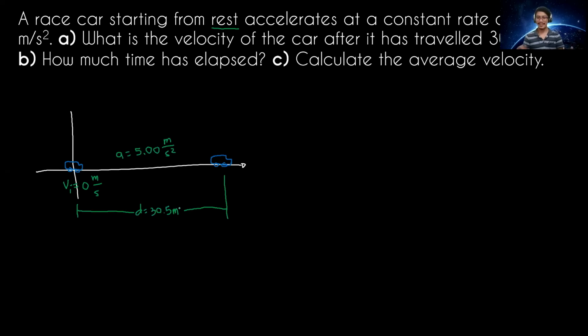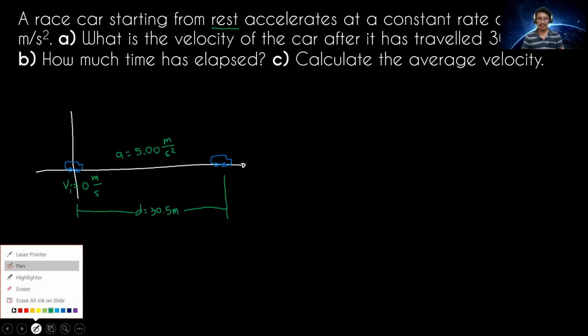Got it? So there is a displacement. So that means we now have an idea of the problem. You have an initial velocity of 0, it accelerates at 5 meters per second squared, and then it has traveled for 30.5 meters.